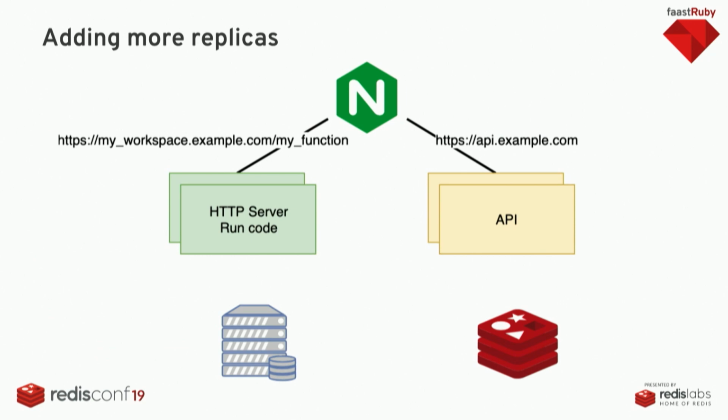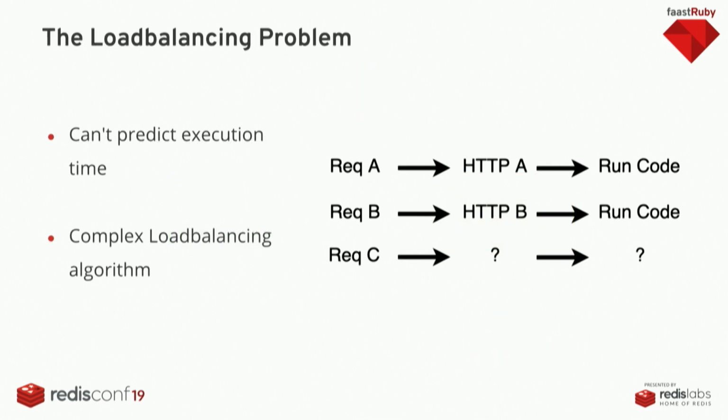So then I said, okay, how do I add more replicas to this? So then I added more replicas of the HTTP server and of the API, but then that created a problem. Because that HTTP server only responds to one request at a time, it's not multi-threaded.